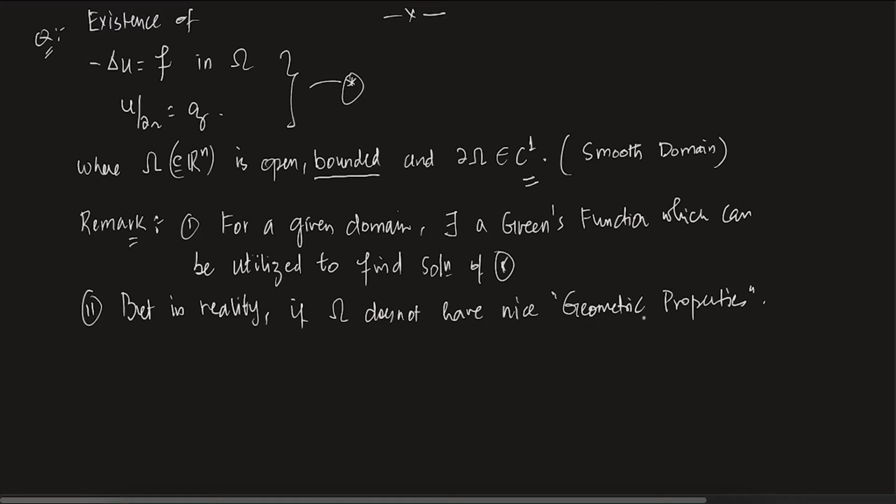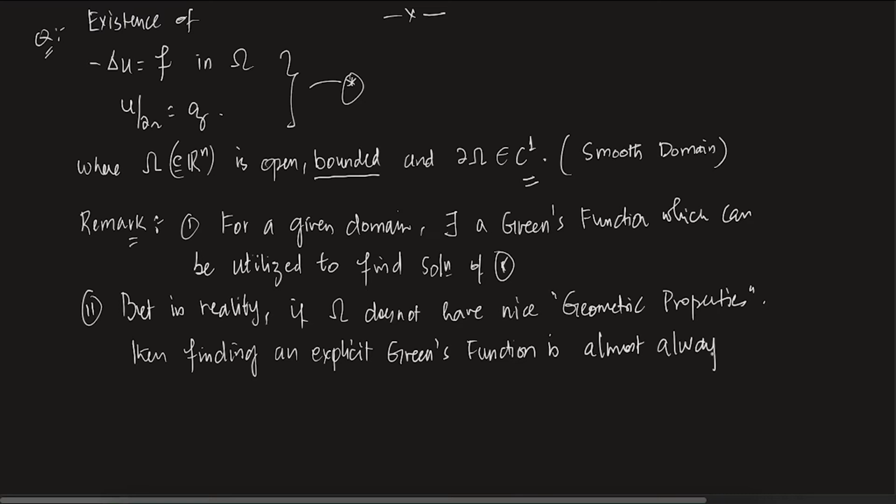If omega does not have a nice geometric property, and I can't specify what sort of geometric properties I'm talking about right now, but we'll have some idea about what this means, then finding an explicit Green's function is almost always impossible.